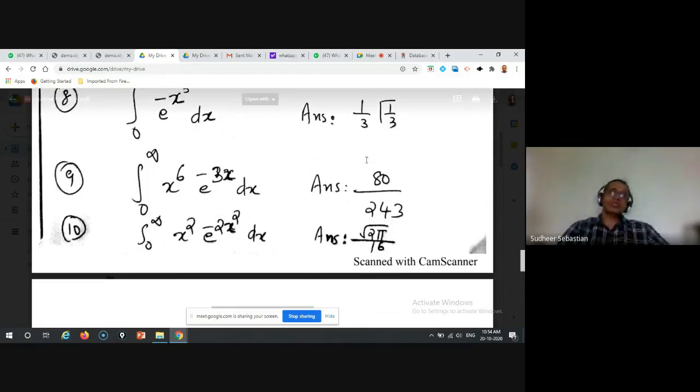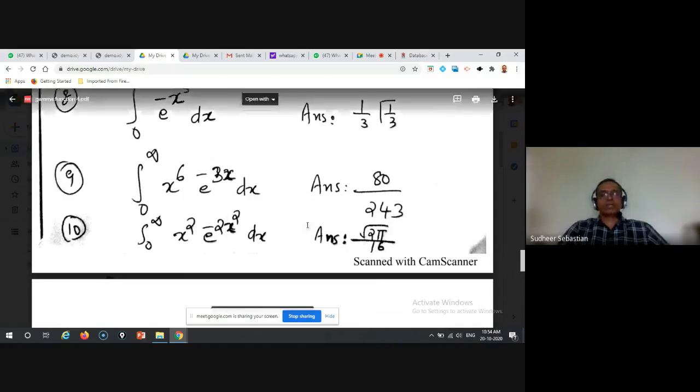You know what are the substitutions that you have to make here for exponential minus 2x square? What are the substitutions you have to make?